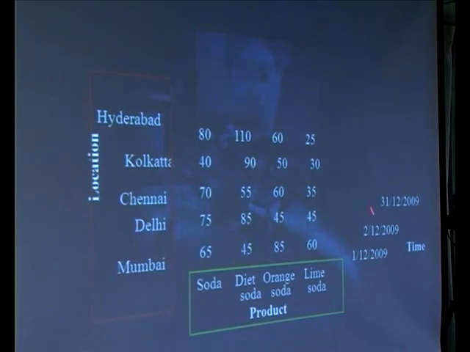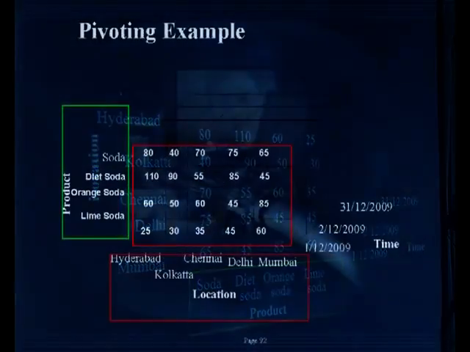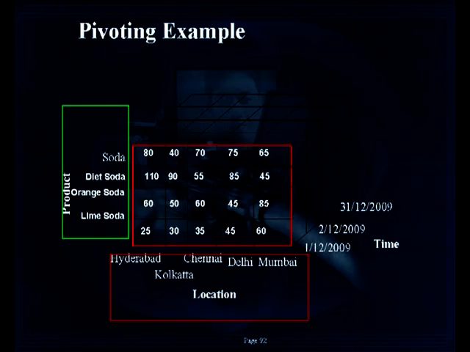By fixing one dimension, I can swap any 2. That is also called rotation or pivoting. Suppose I want to swap the location to this place and product to this place. That means I am swapping location and product.